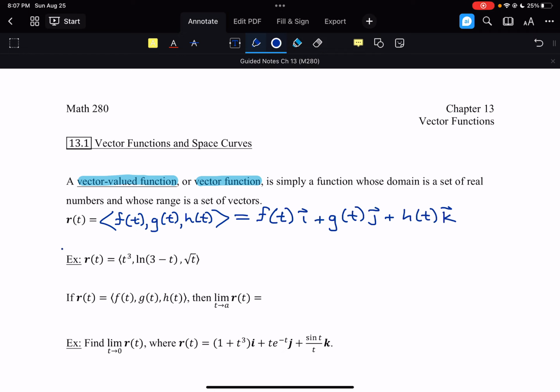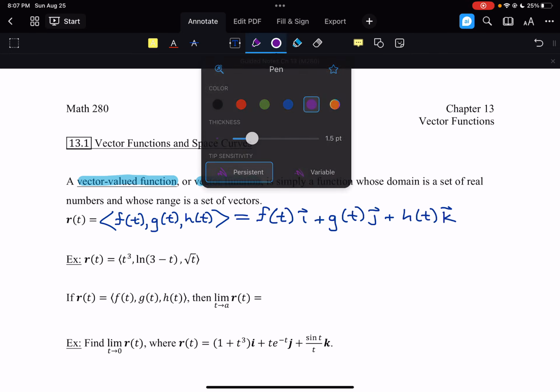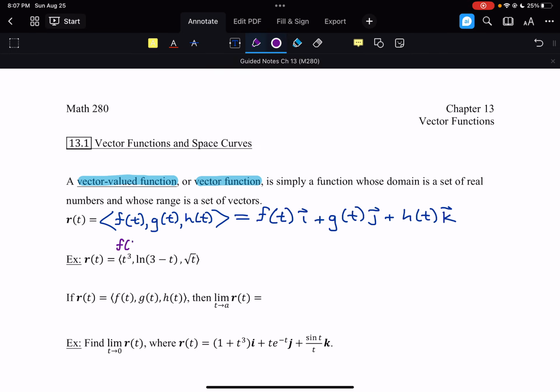So like for this example right here, r of t equals t cubed, ln of 3 minus t, and radical t. So we have our component functions, right? So f of t is t cubed, g of t is ln of 3 minus t, and h of t is radical t.